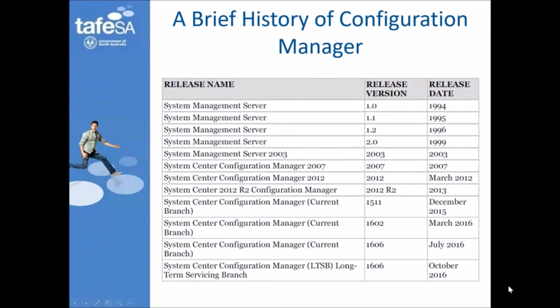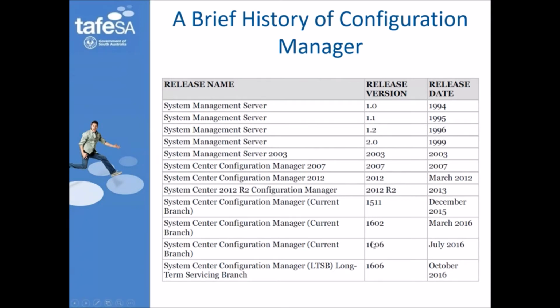And there's various iterations. You can see there's System Center 2012. Then you notice that we have System Center Configuration Manager current branch and these numbers here. You guys remember what these numbers actually mean?